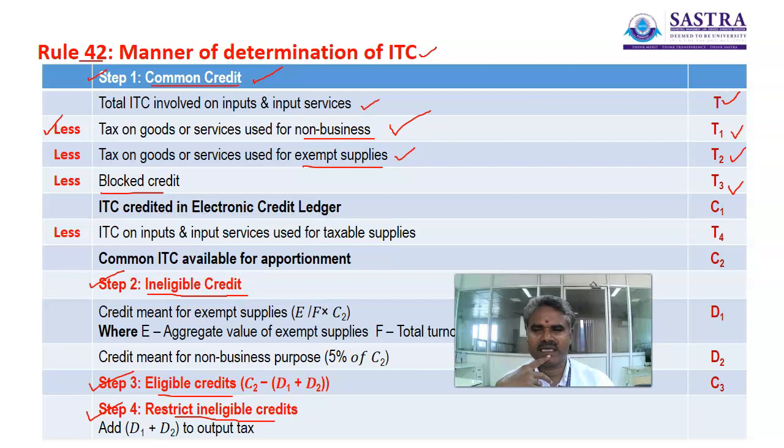So this is ITC credited in electronic credit ledger. So total less all, the balance only will be credited in your electronic credit ledger. So you assume that electronic credit ledger.